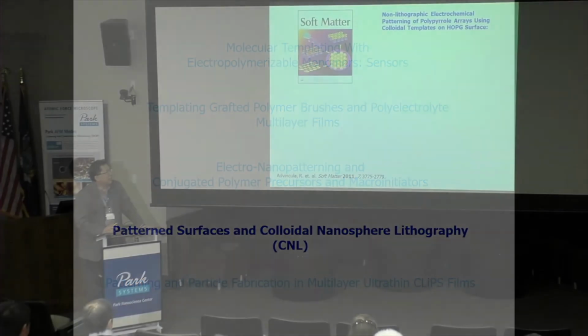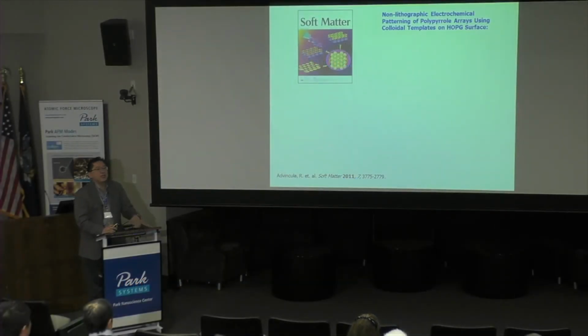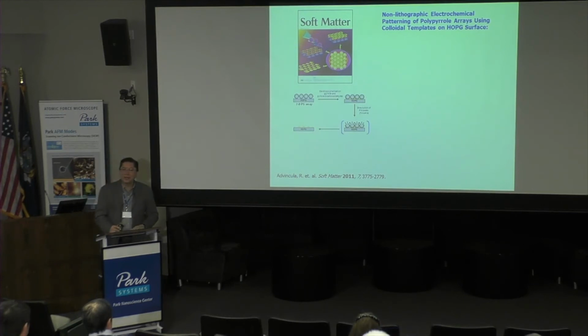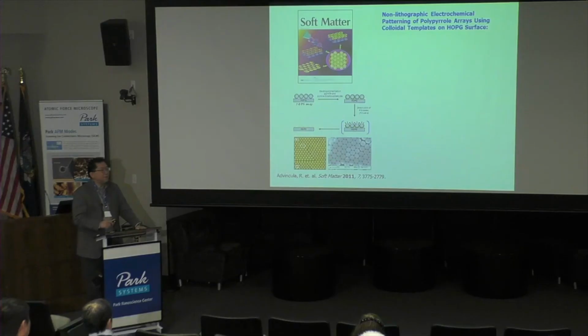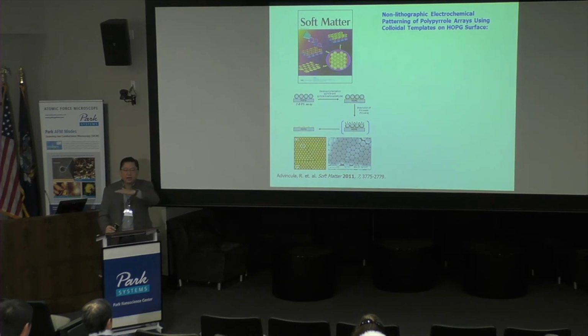In addition to using templates of molecules, we use templates of colloids. These are basically latex particles, the same latex particles you'll find in paint. With these paint particles, we basically make one layer, just one layer on a film. And then we electrodeposit a conducting polymer around it.